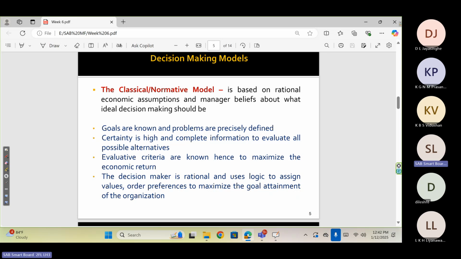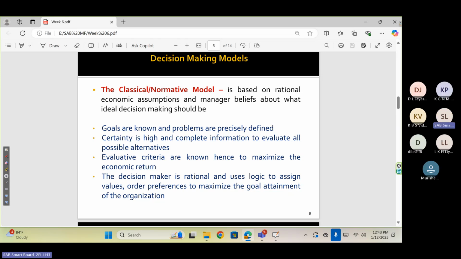What are those characteristics? Goals are well known, and the problem can be clearly and precisely identified and defined. Certainty is high, therefore more or complete information can be obtained. All possible alternatives are identified. Decision evaluation criteria are well known, hence the return can be maximized as much as possible.